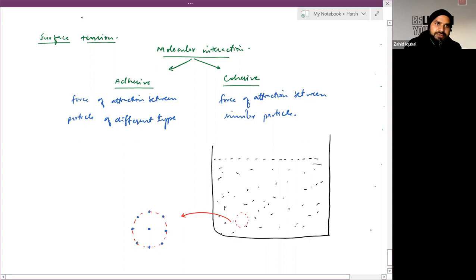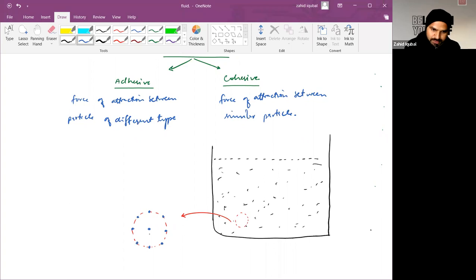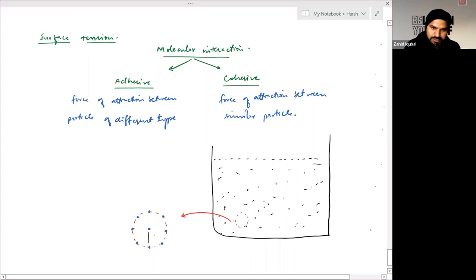If I define the interaction between these particles, you'll say there will be force of attraction this way, and all are due to force of cohesion or cohesive force, since this is attractive force between similar particles.